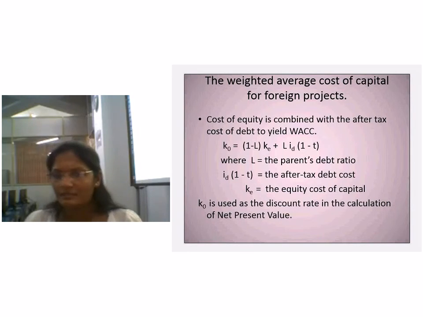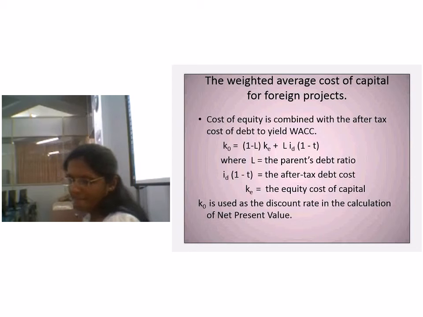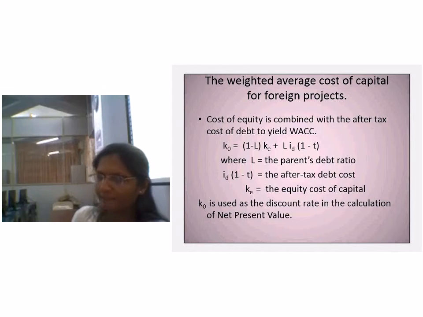But there is an argument in international finance that multinational companies should consider the unsystematic risk when they calculate the required rate of return, right? You understand? Some multinational companies consider that they should consider the unsystematic risk associated with the business.